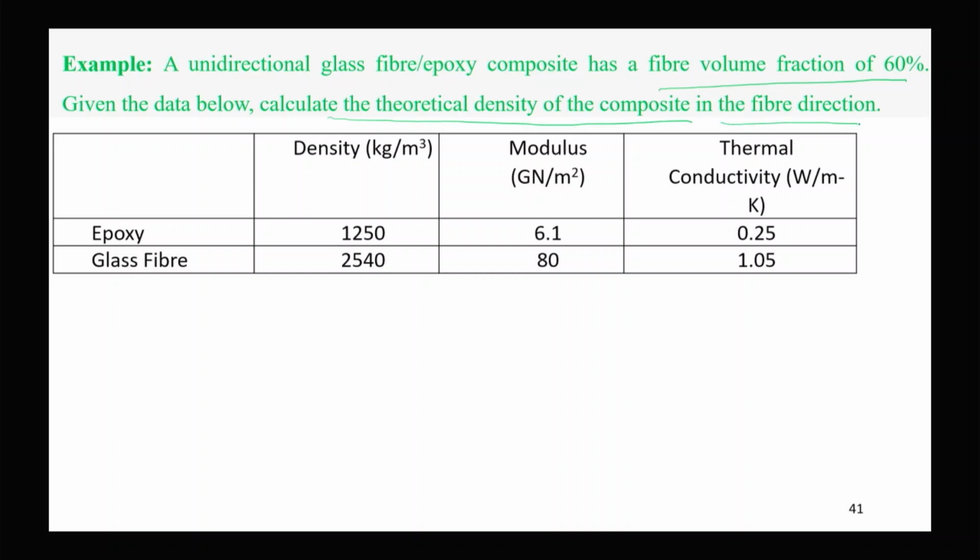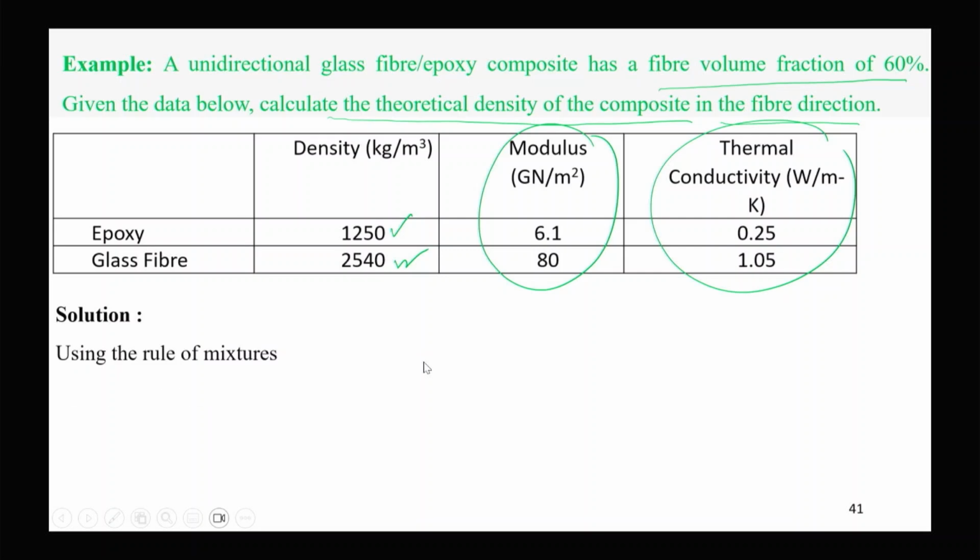The density of epoxy is given, and the density of glass fiber is given. We will not use the other two data, these are the conductivity and the modulus data. We will use the simple rule of mixture.